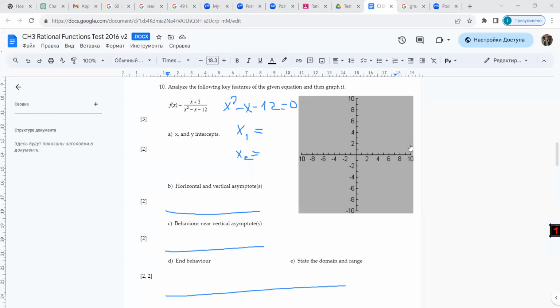Or maybe, wait, yeah, I think you're right. I think there is one vertical asymptote and one dot discontinuity. One of them is a vertical asymptote and the other one is a dot discontinuity. But double check it.